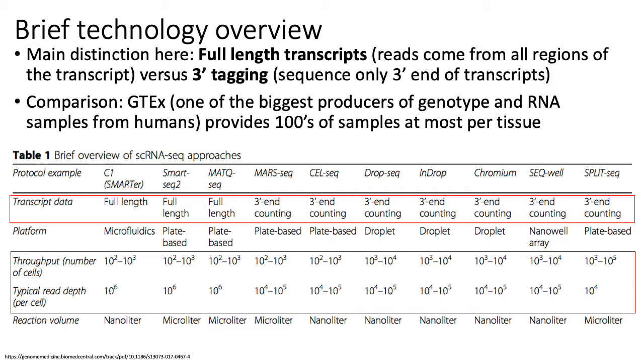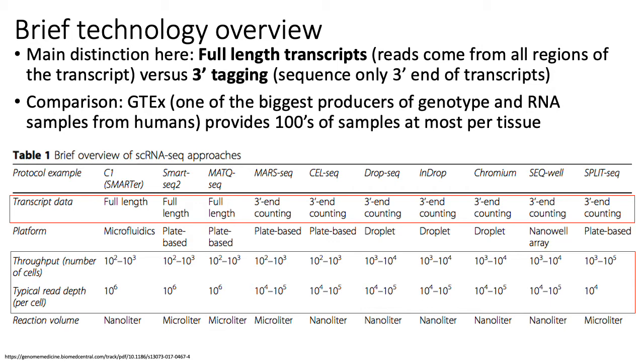The full-length approaches give you more reads per cell, and in some sense more information per transcript, because your reads come from all over any given transcript in principle. That means you can detect, for example, alternative splicing that occurs early on in the transcript. Whereas for the 3' tag counting methods, because you're only sequencing a small portion at the 3' end, you don't see what happens in the 5' end.